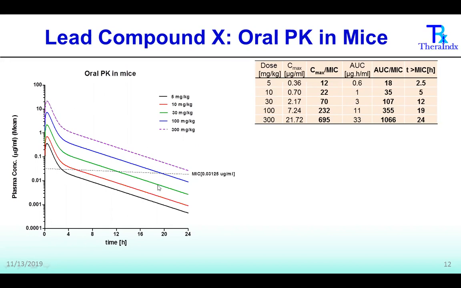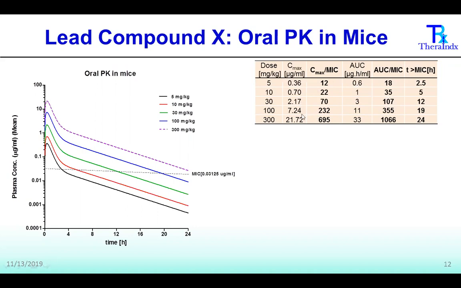So one can visually assess how the compound concentrations are relative to the MIC. And this table here lists the pharmacokinetic properties in terms of Cmax, that's the peak concentrations achieved in the plasma of the compound, the area under the plasma concentration time curve, as well as the T above MIC.